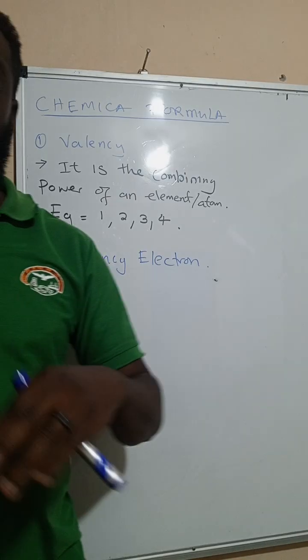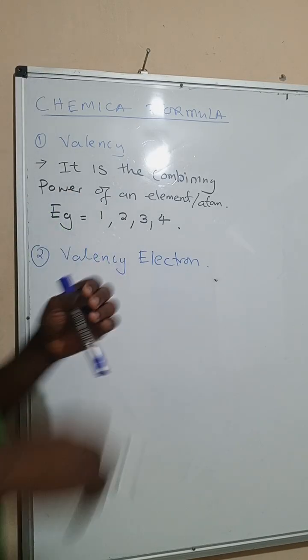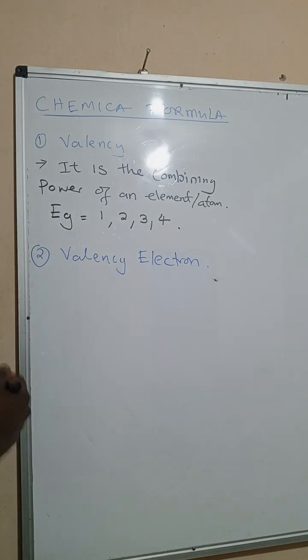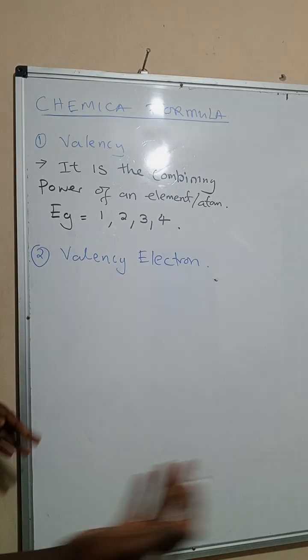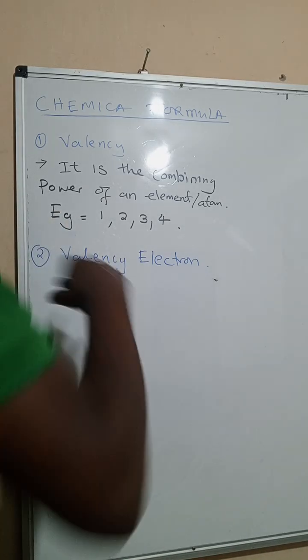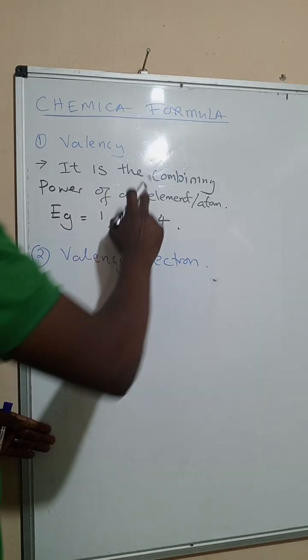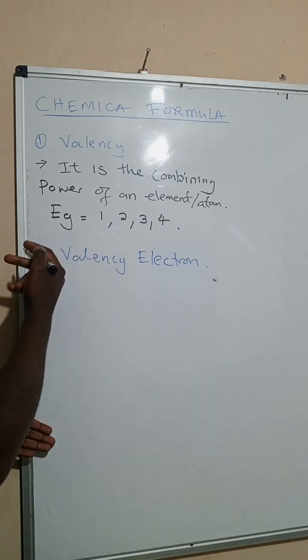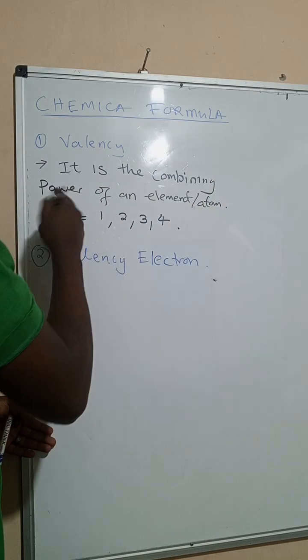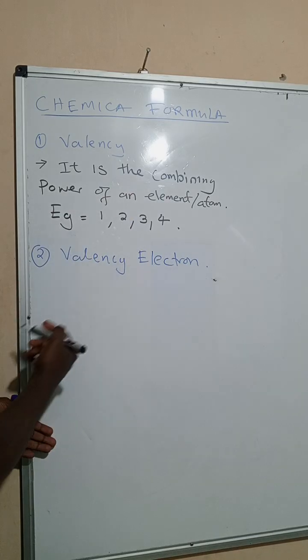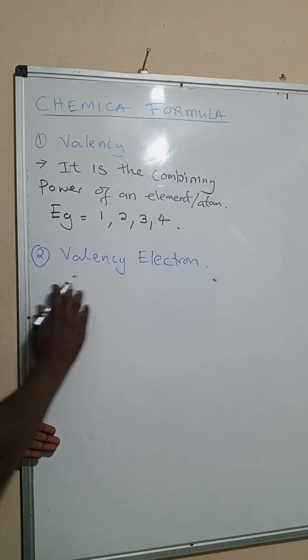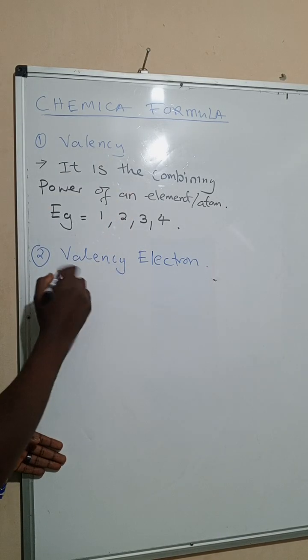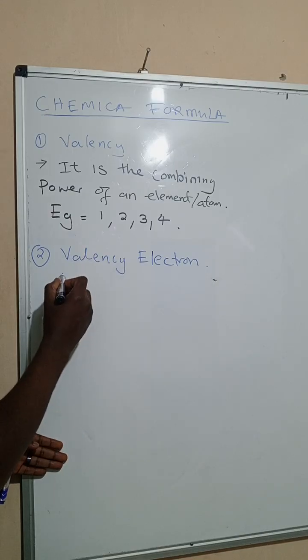Each element has a combining power. So that combining power or capacity of an element is what is called valency.